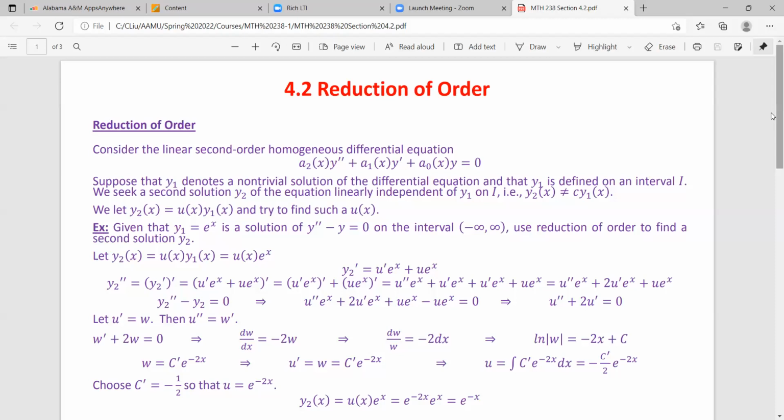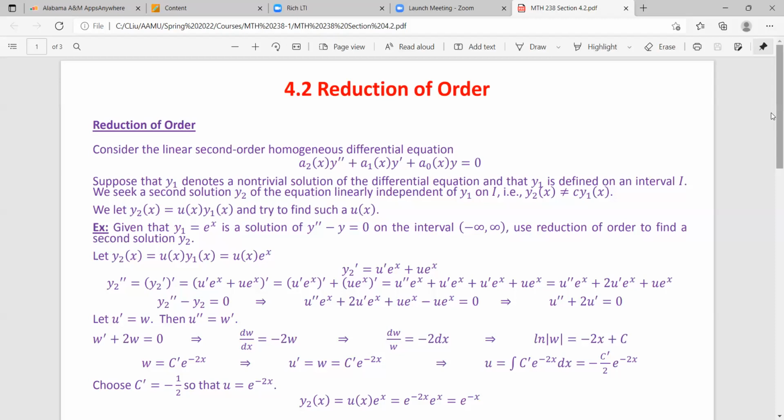We can do it by separating variables. Okay, we learned it before. For example, you can also use the formula for linear first order differential equations.